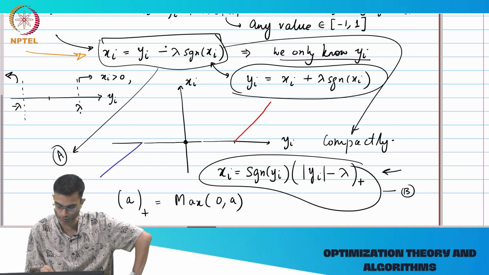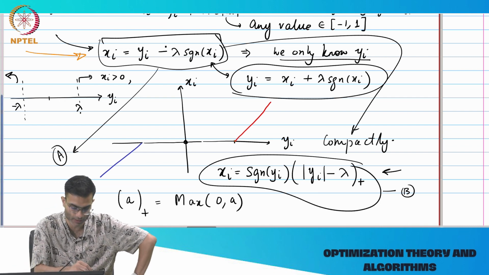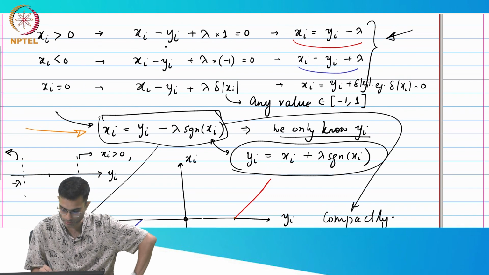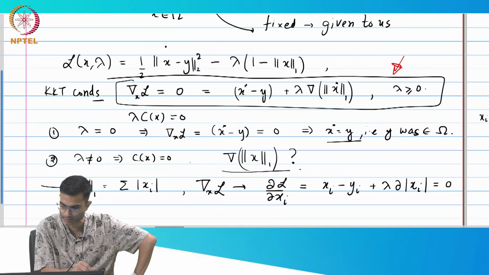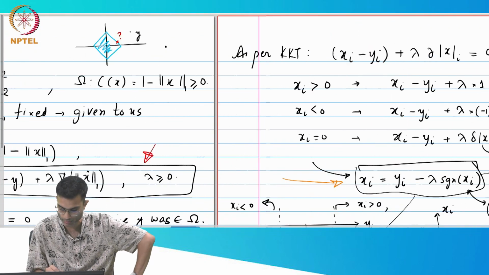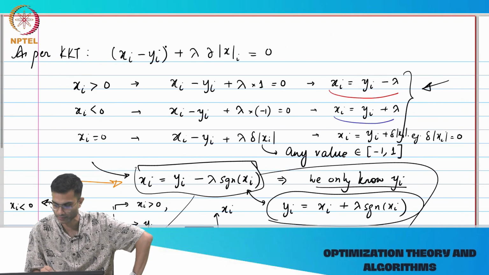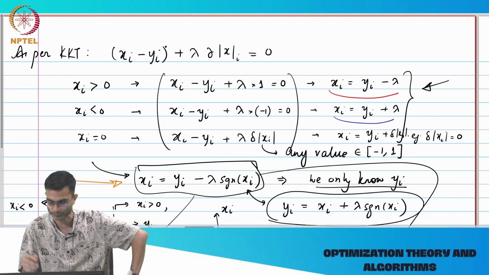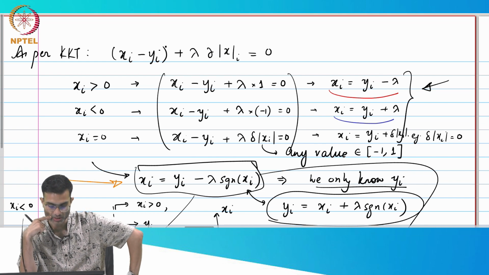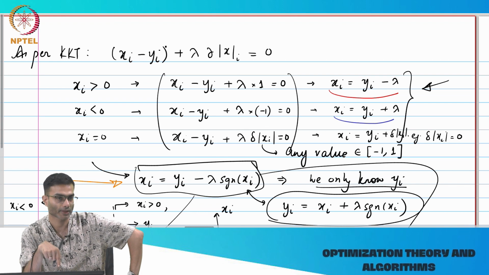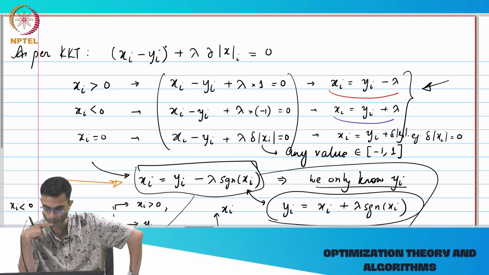Which is true for all values of subdifferential. Is that true? So let's look at the general expression that we had, right? What was the general expression we had? Yeah, this, right? So this expression was written only at xi equal to 0, right?